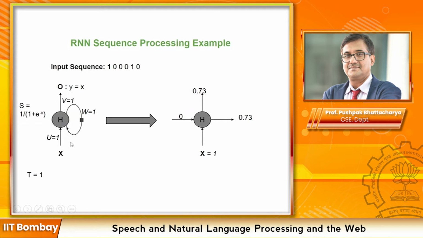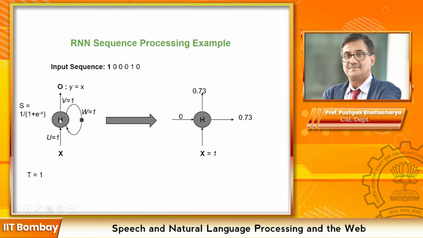The neuron feeds itself back with a weight value of 1. It produces output and sends it to an output neuron called O, whose input-output relation is simply y equal to x. Whatever input it receives, it produces the same input as output.